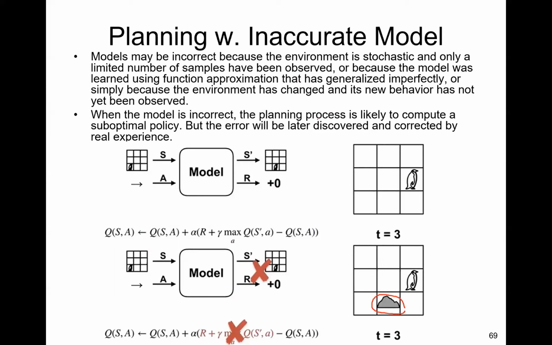Then the planning process will compute a suboptimal policy based on the previously learned incorrect model. But when you actually encounter this obstacle in real experience, the error will be corrected.